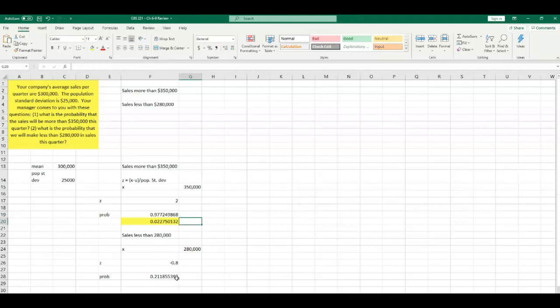Because we wanted to know the probability that it would be more than 350. Well, here, when we want to know the probability that it'll be less than 280, that's what this 0.21 represents. That's the area to the left of negative 0.8 in your bell curve, which means that that's the probability that it will be less than $280,000 in sales this quarter.